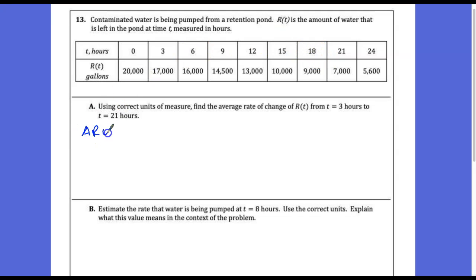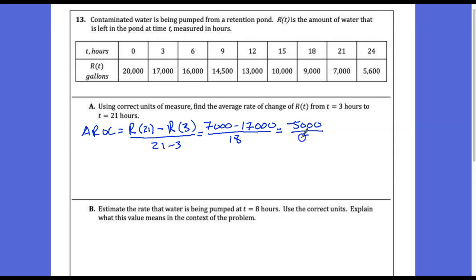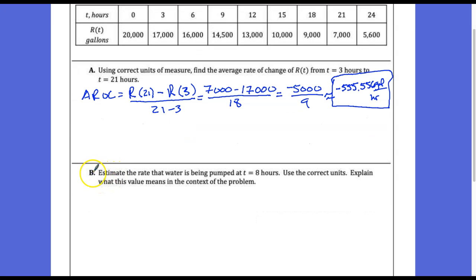So the average rate of change is equal to R of 21 minus R of 3 over 21 minus 3, which is equal to 7,000 minus 17,000 divided by 18, which is equal to negative 5,000 divided by 9, and that is approximately negative 555.556 gallons per hour.